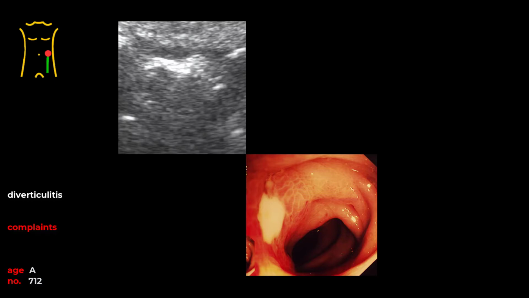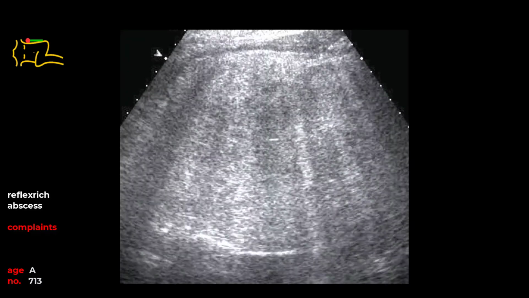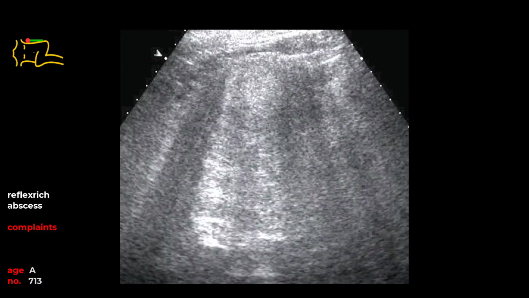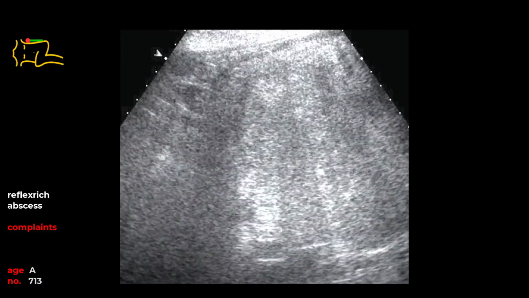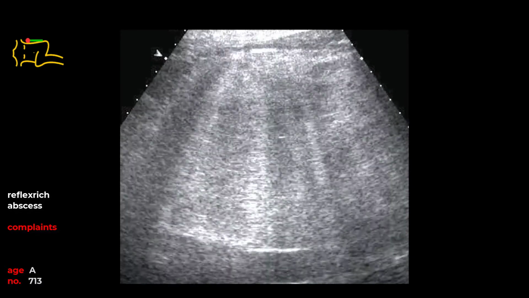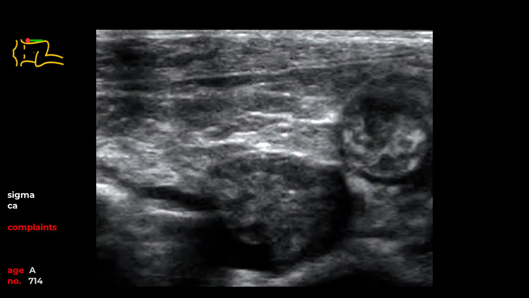Another echoscopic and endoscopic picture of diverticulitis is shown in 712, whereas 713 demonstrates a typical abscess formation after long-standing diverticulitis. A sigma carcinoma again is shown in 714.